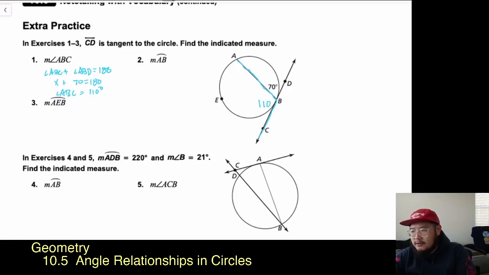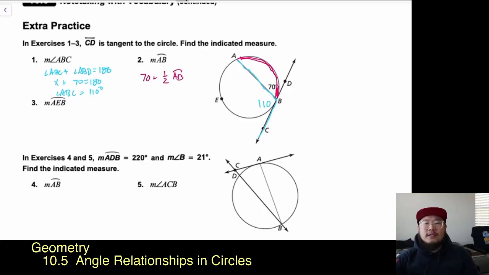So now that leads us to finding the measure of arc AB in number 2. So arc AB, I'll go ahead and highlight that in red. Here we have our theorem where the angle, which happens to be 70, is equal to 1/2 the measure of the arc, or arc AB. Okay.